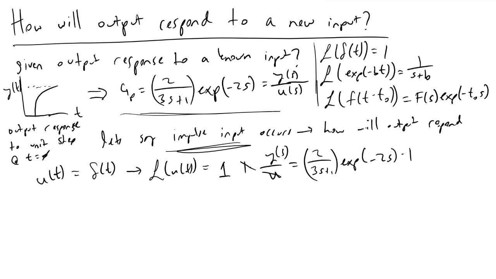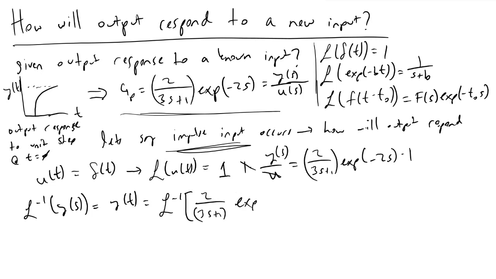And so now we want to work backwards from the frequency domain into the time domain to see what this is like in time. And so to do that, we're going to be taking the inverse Laplace transform of y of s, and we know that this is equal to y of t, which is equal to the inverse Laplace transform of 2 over 3s plus 1 times the exponent minus 2s.